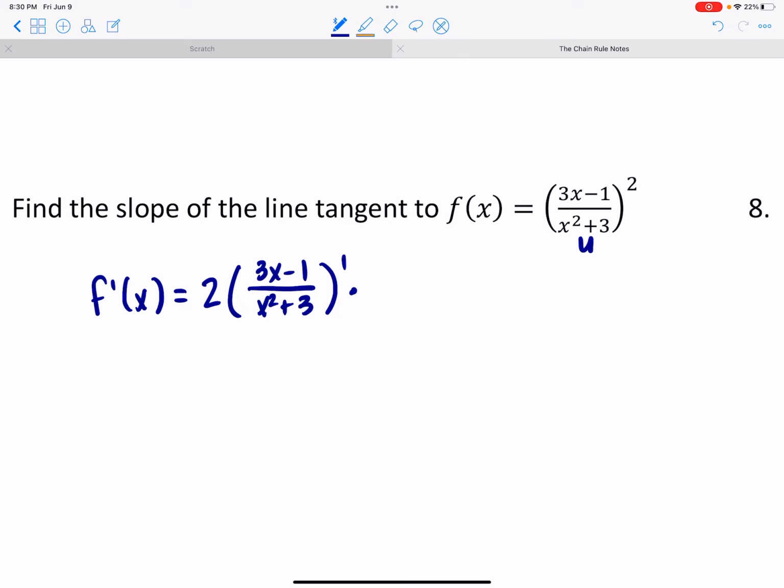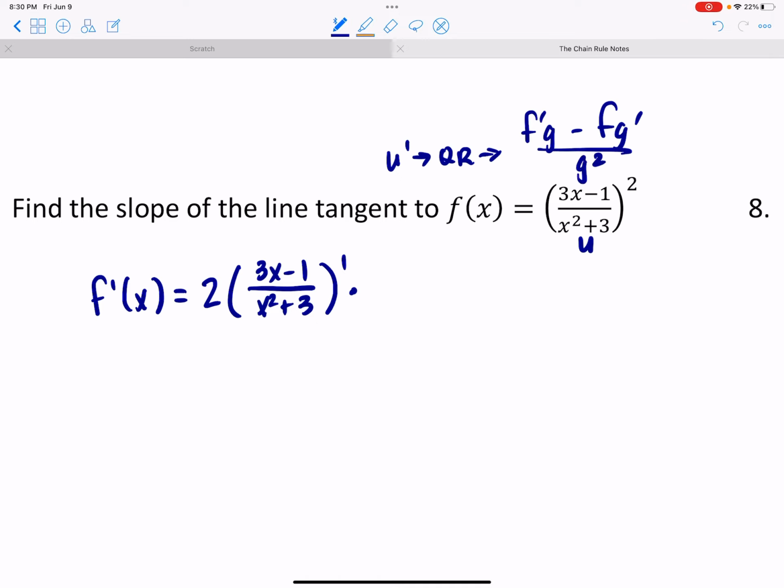Well, the derivative of the inner function is going to, again, require the quotient rule. So the derivative of u requires the quotient rule, which, if you recall, is f prime g minus f g prime, over g squared.